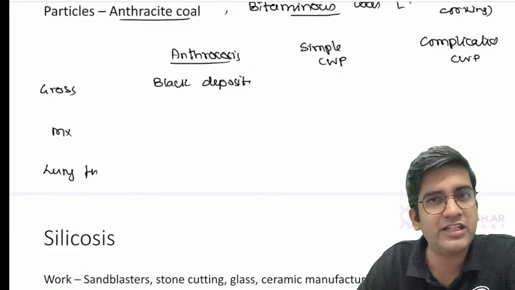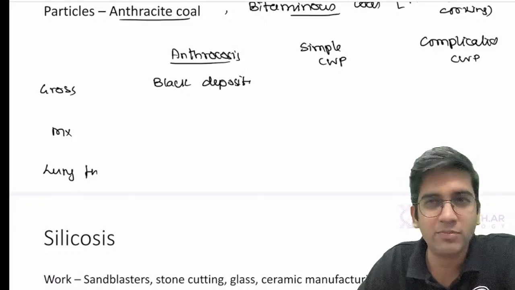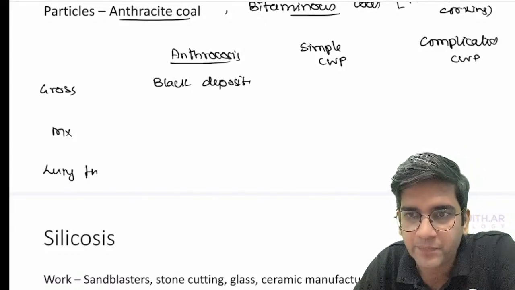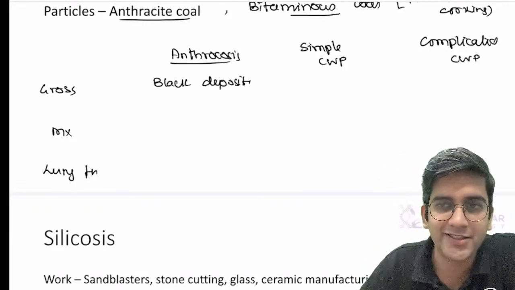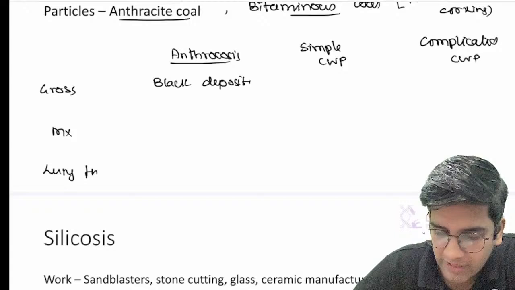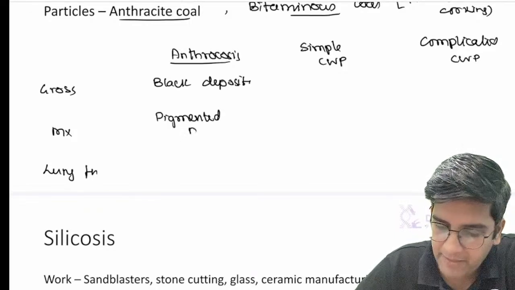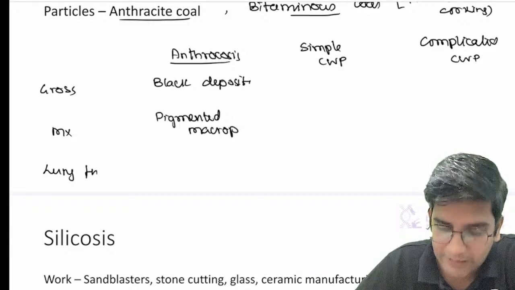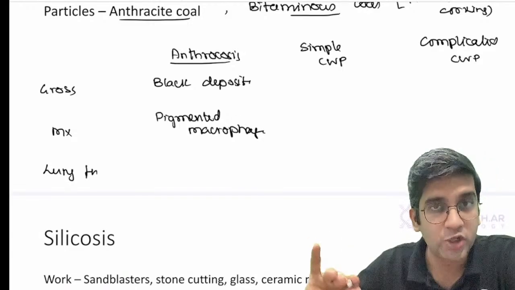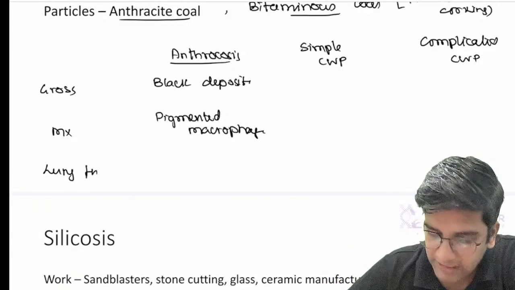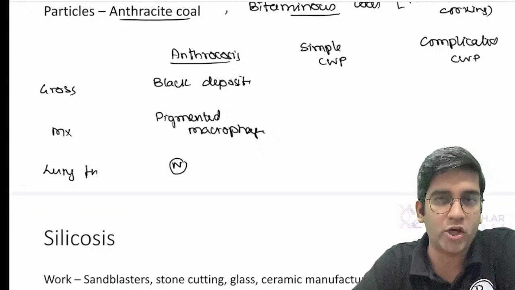Every person living in urban cities will have it. Not only urban, most rural cities also will have it. Microscopy, you'll have pigmented macrophages. You will have no granulomas here in case of anthracosis. Lung function will be absolutely normal, fine.